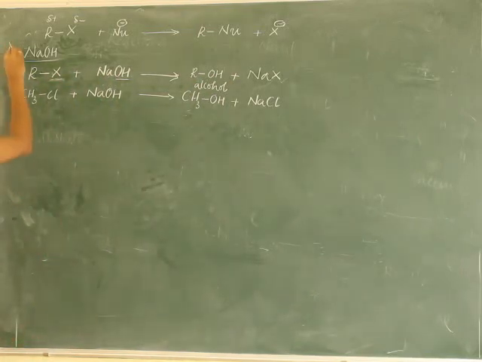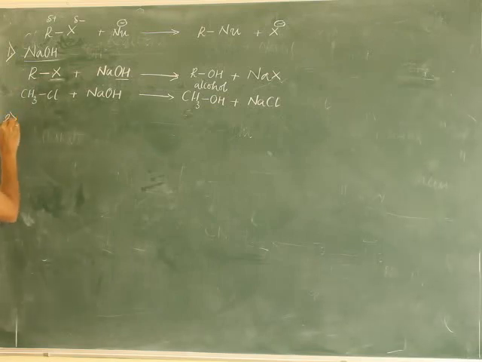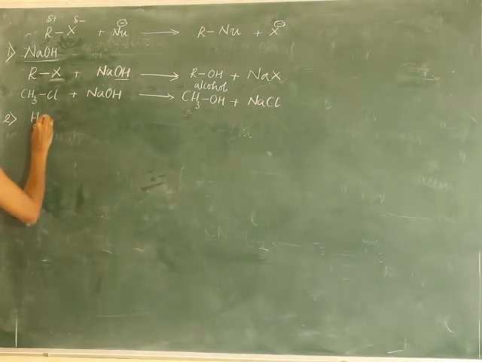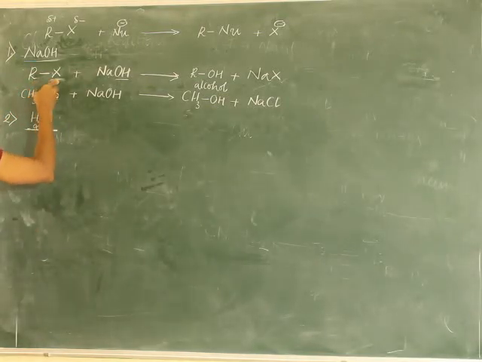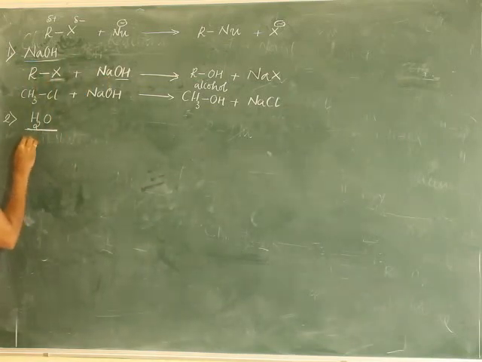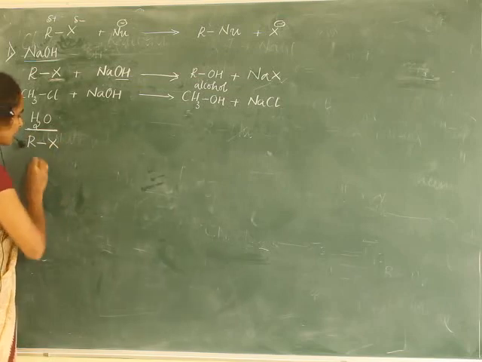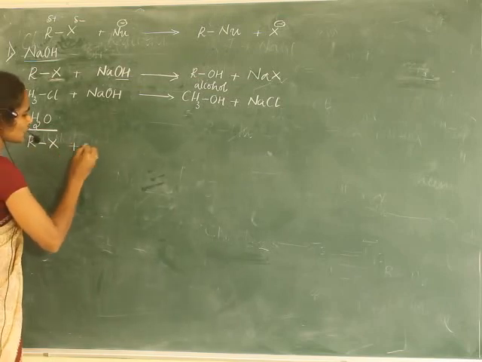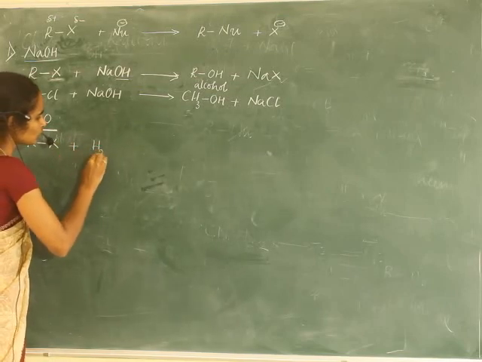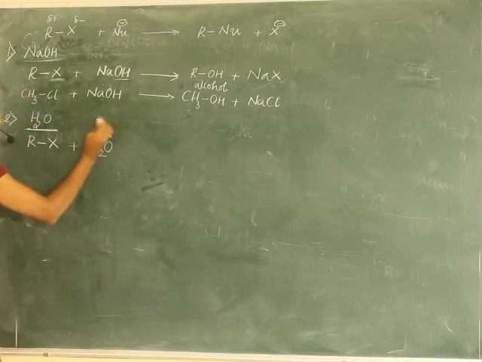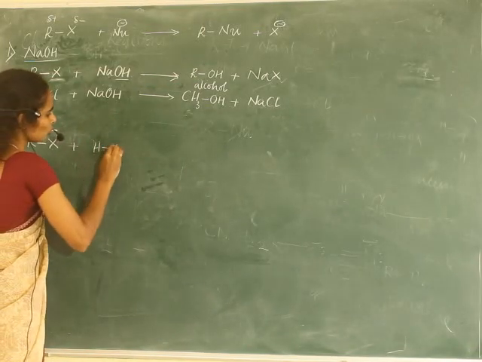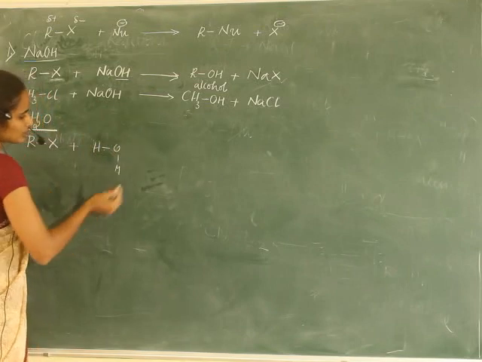Next, second one, reaction with water. How alkyl halides react with water? I'll take one general reaction, RX alkyl halide, which on reaction with water, H2O. We can write it as HOH, one and the same, right?